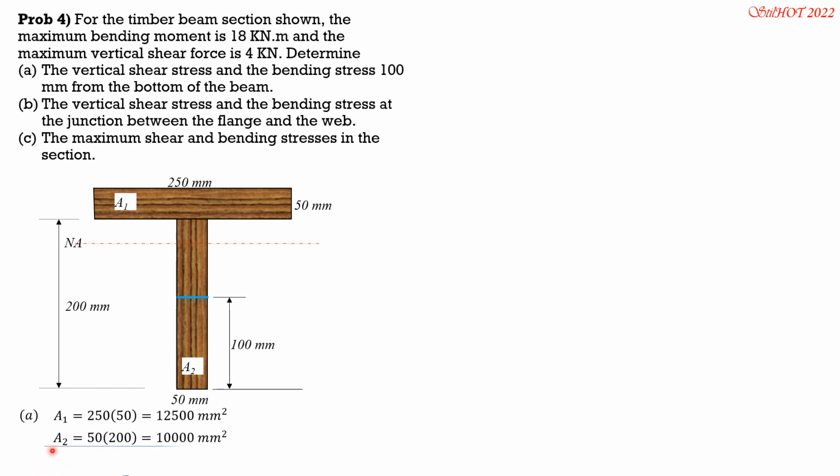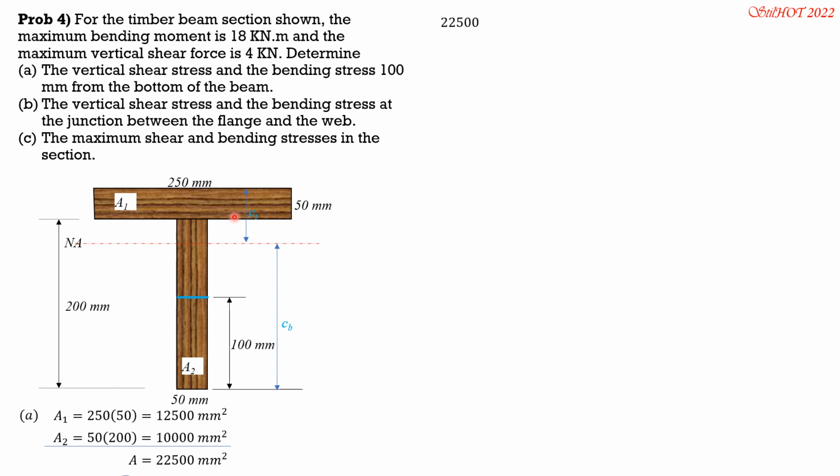Therefore the total area is equal to 22,500 mm square, 12,500 plus 10,000. So in locating the neutral axis, we use Varignon's theorem and we will call this C top and this distance C bottom, where C bottom is 200 plus 50 minus C top.